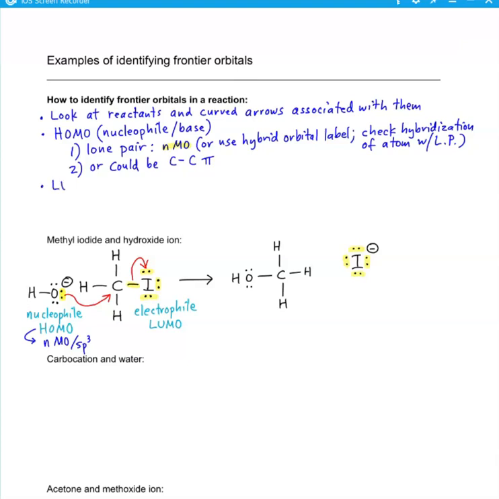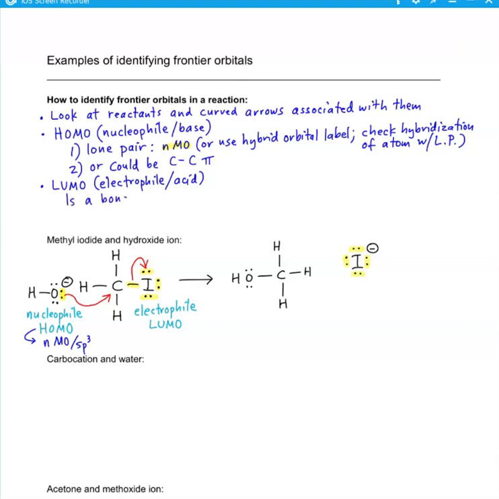Okay, so now let's think about the LUMO. The question you have to ask about the LUMO is the following. First of all, you recognize that it's the electrophile, or the acid, that would be using its LUMO in any chemical reaction. So the question you're going to ask is this one.